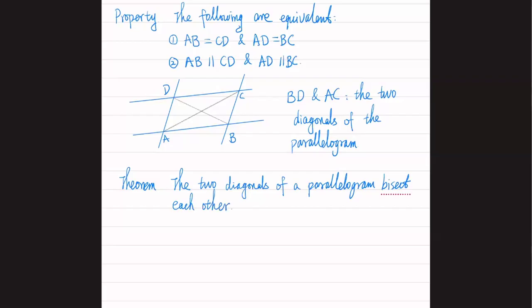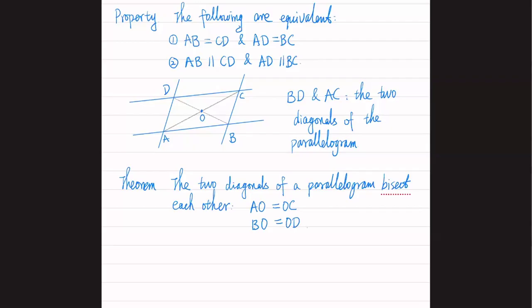Okay, so it means each divides the other into equal lengths. If we call this point O, then we have AO equals OC, BO equals OD.